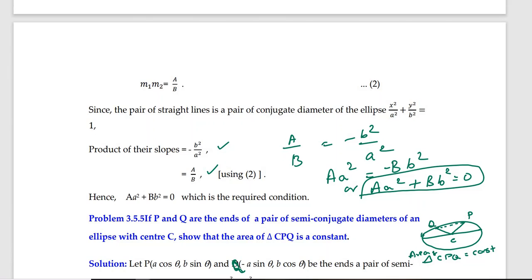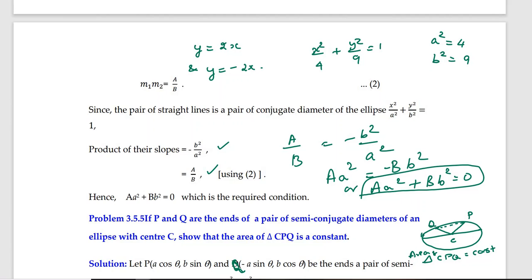See, suppose for example I have x square by 4 plus y square by 9 equal to 1. This is the ellipse. So in this case my a square is 4 and b square is 9. And if we are given the two lines to be, say y is equal to 2x and y is equal to minus 2x.